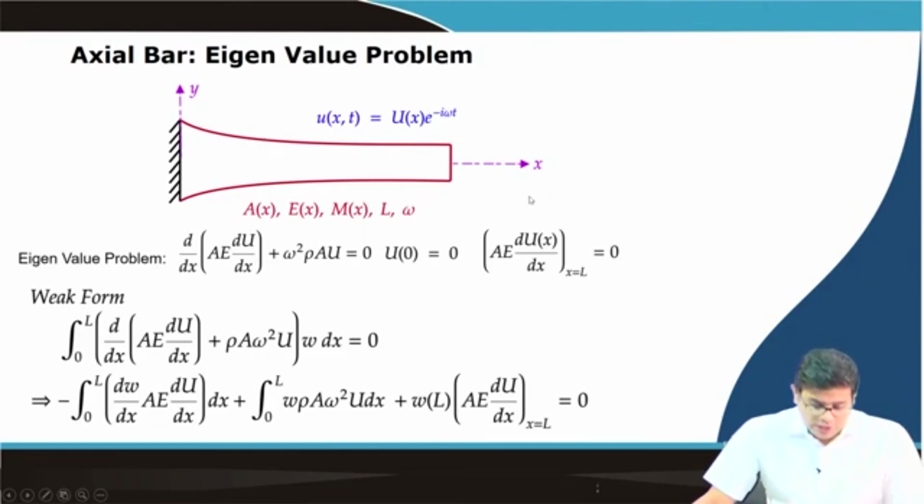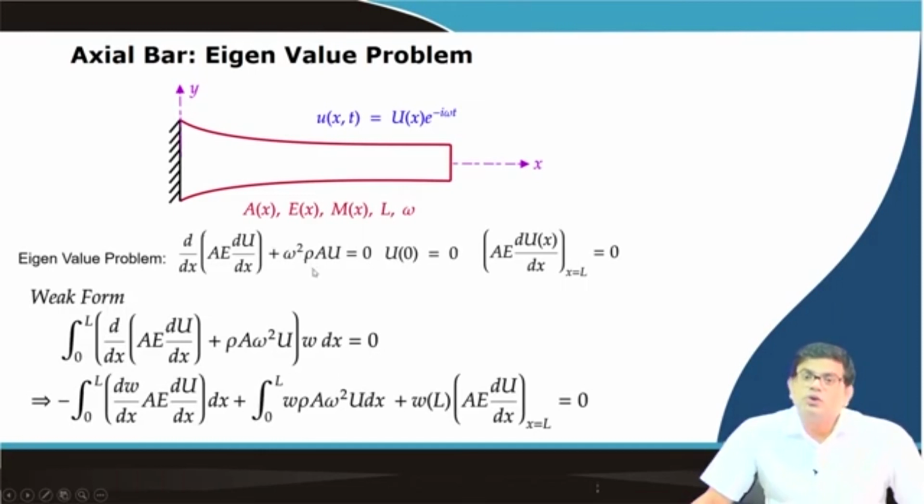then I can find out the solution of the system. So in this case, if you look at the weak form, the weak form is pretty similar to what we did in the previous stuff. The only difference is that there will be a mass matrix here. So this quantity will arise in the system because of the inertia term.